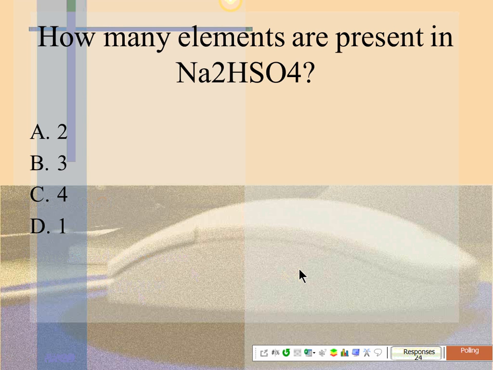Okay. Let's look at this one. How many elements are present in sodium hydrogen sulfate?